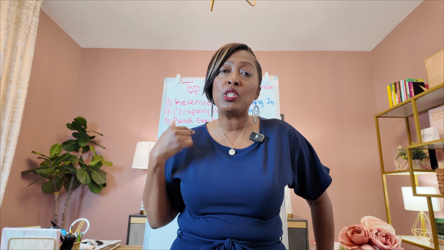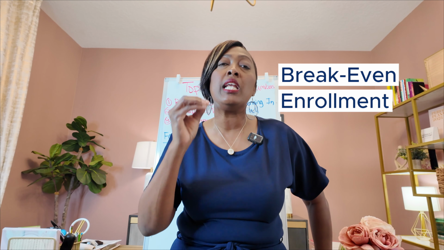And so today is a number that none of us really talk about. This number is called your break-even enrollment. That number will tell you exactly how many enrollments you need to make sure that you can pay every single bill inside of your building. I call it break-even enrollment because I do not count children, we count enrollments.